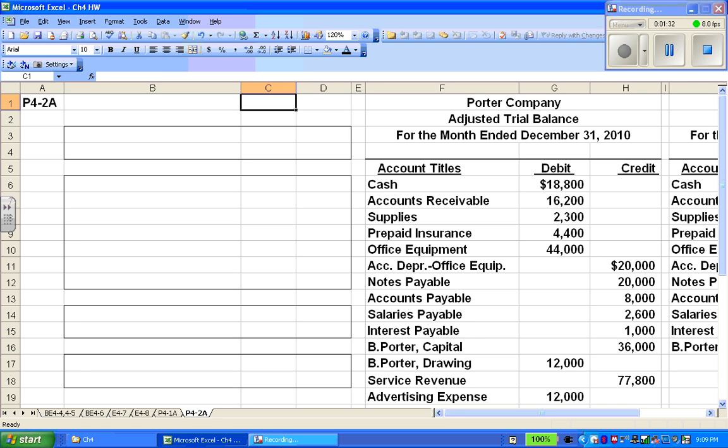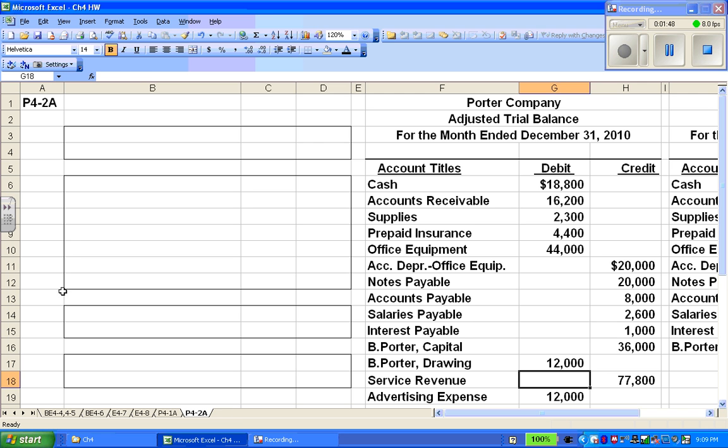The first entry is to close out the revenue account. If I look over in my adjusted trial balance, I have service revenue of 77,800. It's a credit balance, so in order to close it out, I need to debit it.